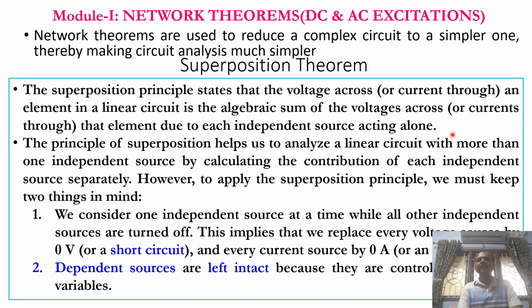That means if we have more than one voltage source or current source in a linear circuit consisting of resistors, then the algebraic sum of the voltages across that element due to independent sources acting alone is nothing but the voltage across the element in the linear circuit.